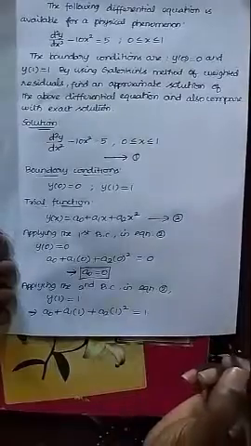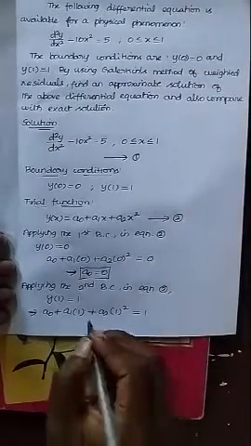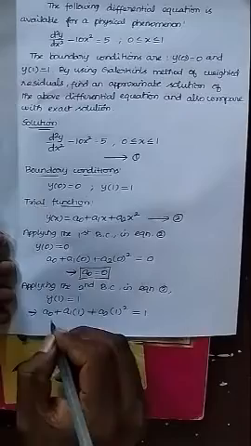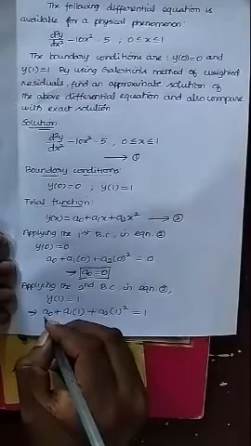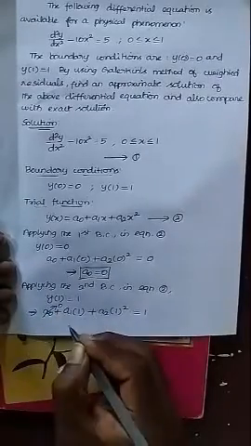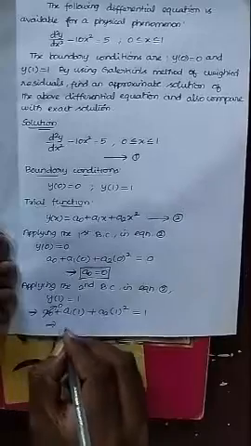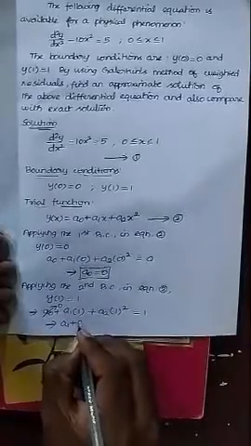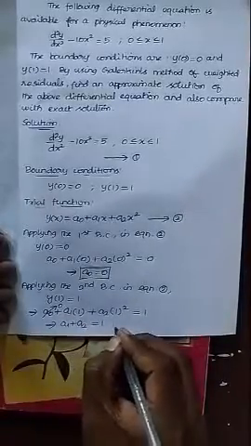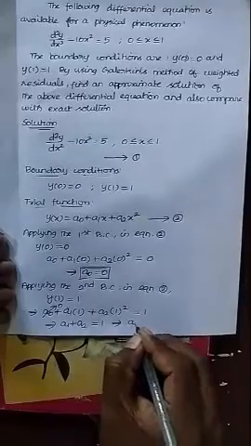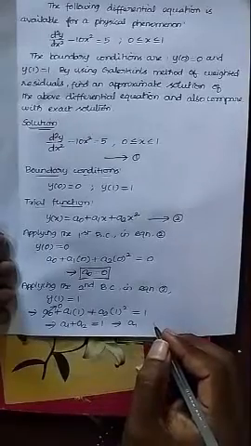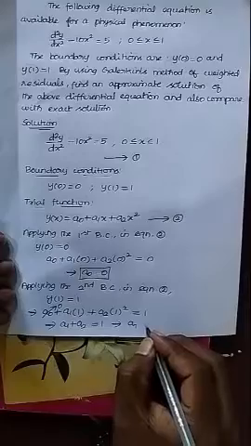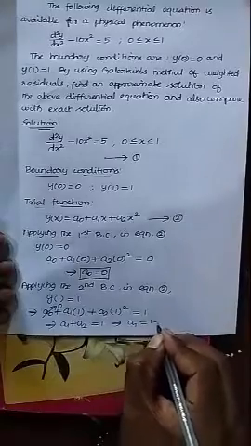That is the second boundary condition. In the previous step, on applying the first boundary condition, we found the value of a naught as 0. So a1 plus a2 is equal to 1, from which we arrive at the relationship between a1 and a2 as a1 is equal to 1 minus a2.